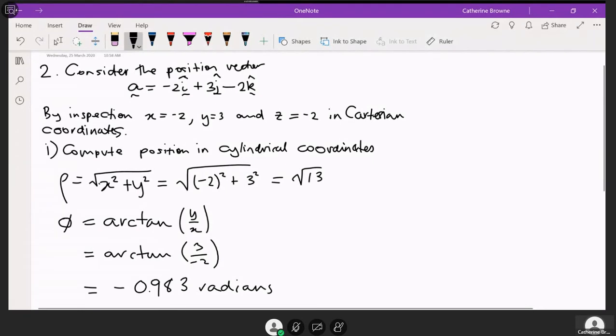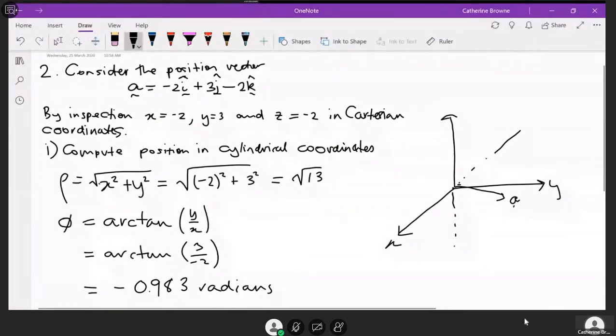But if we think about the position of the position vector, we're at minus 2 plus 3j, so we're coming down, something like that is A. Does that make sense to everyone?